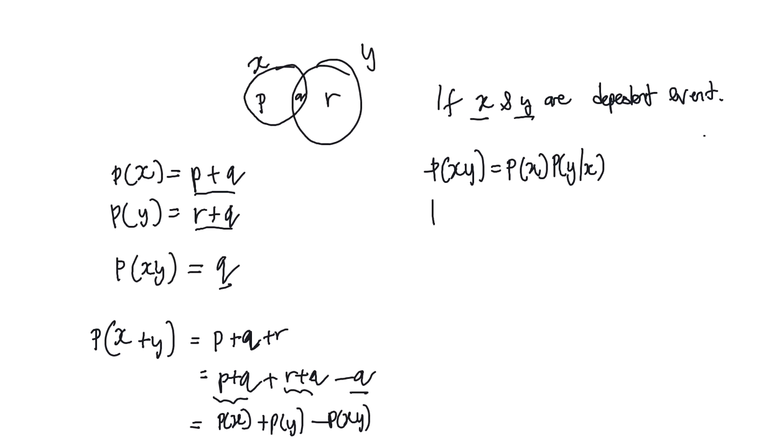Or the probability of yx is the probability of y times the probability of x given y.